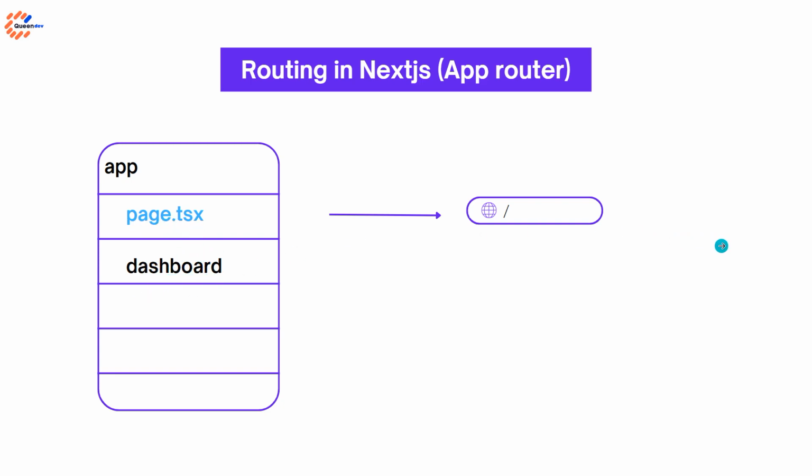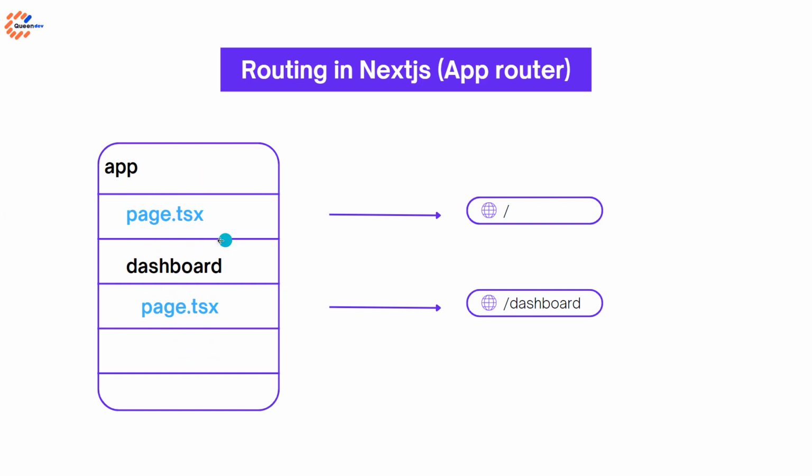But if you bring in the page.tsx file now here, you will be able to see the corresponding route for this page.tsx file here. See, now if you go to this slash dashboard, you'll be able to see the content for this dashboard here because we have this page under the dashboard folder.